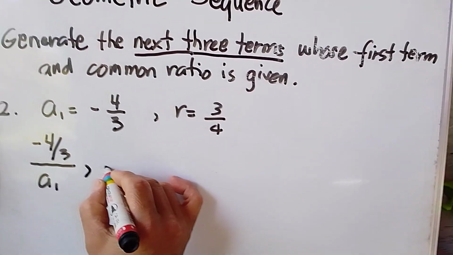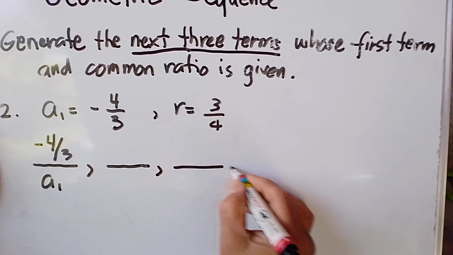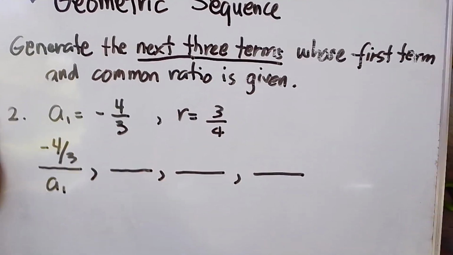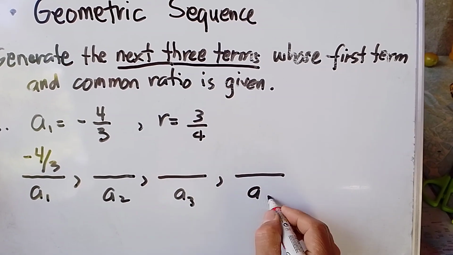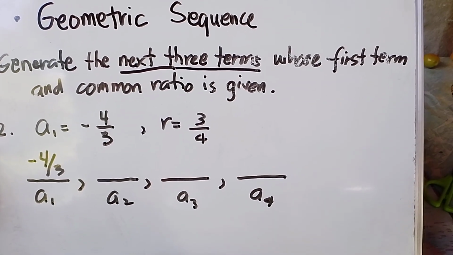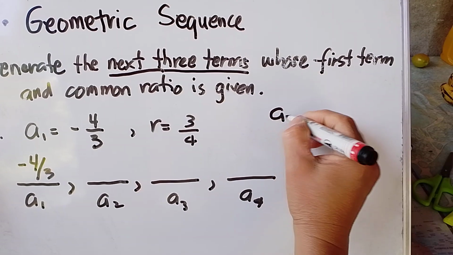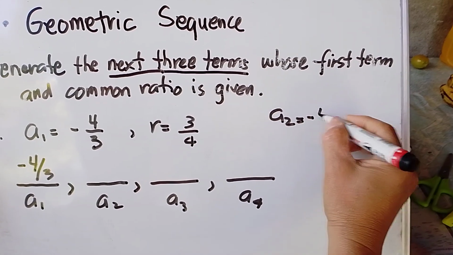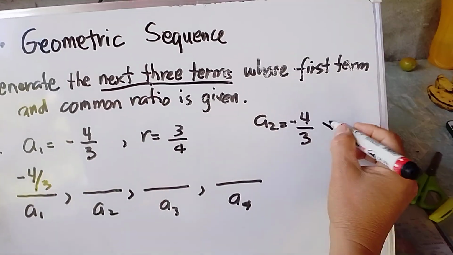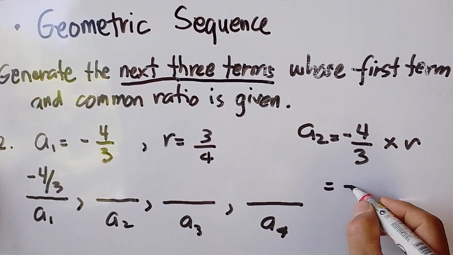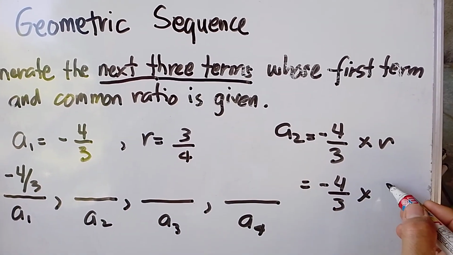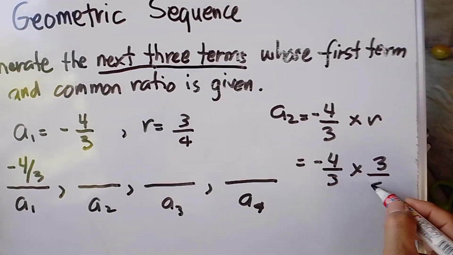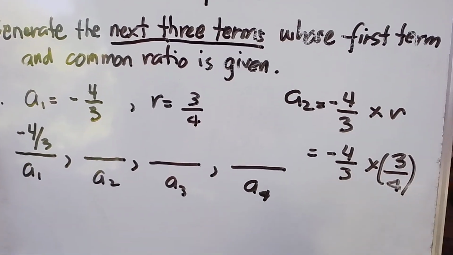Then the next term, so this is a2, a3, and then a sub 4. So to find a2 will be negative 4 over 3 times r. So negative 4 over 3 times r, which is 3 over 4.